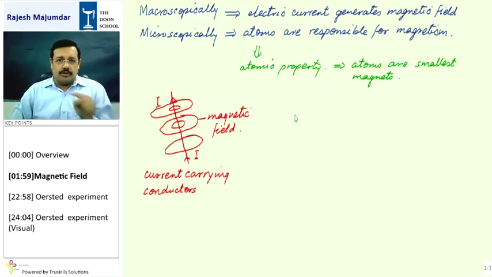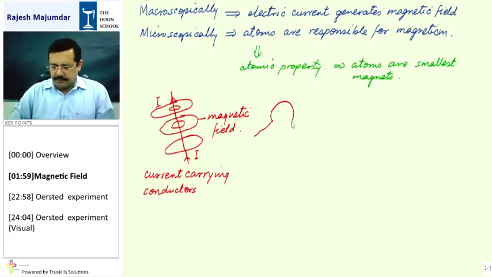So this is one thing. Then there are loops also. It is not always true that we will have only straight conductors. Loops are also there, for example like this. This loop also has current passing through it, suppose. Now there is a magnetic field like this, and magnetic field lines are similar in shape to the electric field lines.